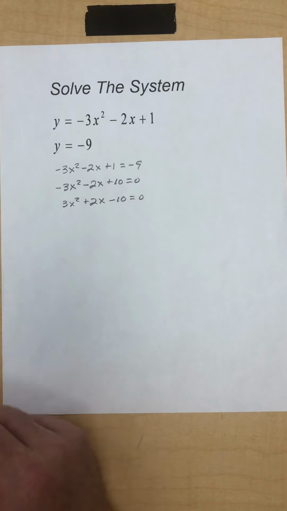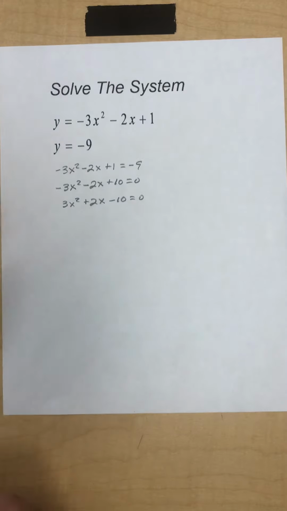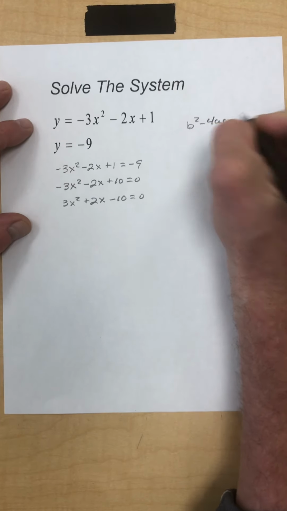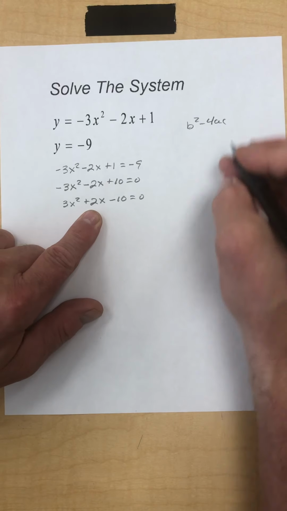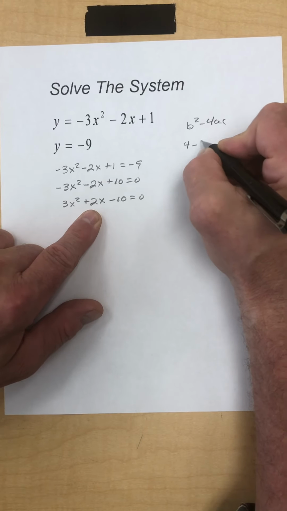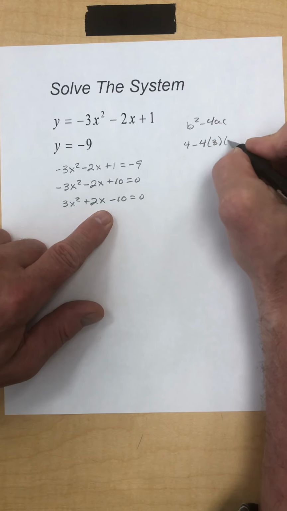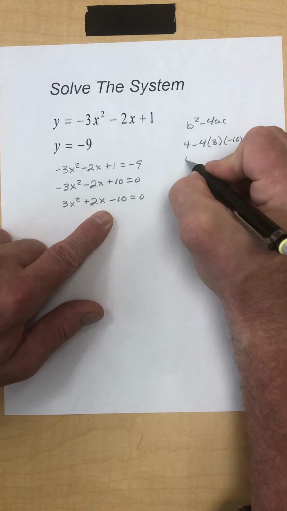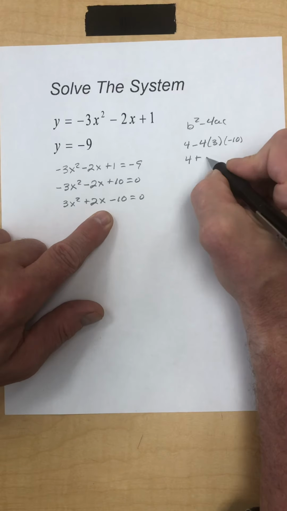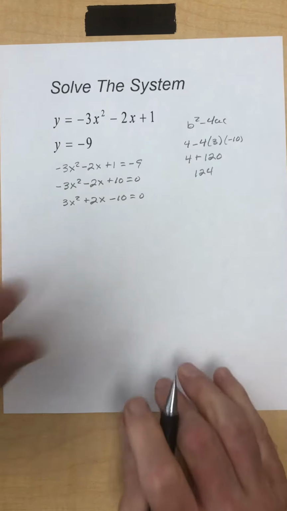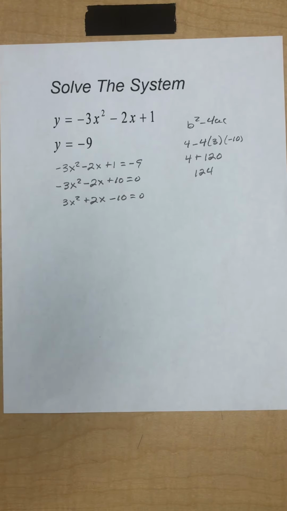Now, will that guy factor? I don't think so, but I'm going to check b squared minus 4ac and see what happens. So b squared is 4 minus 4 times 3 times negative 10. Okay, so this is 4 plus 120, and I get 124, and that is definitely not a perfect square.